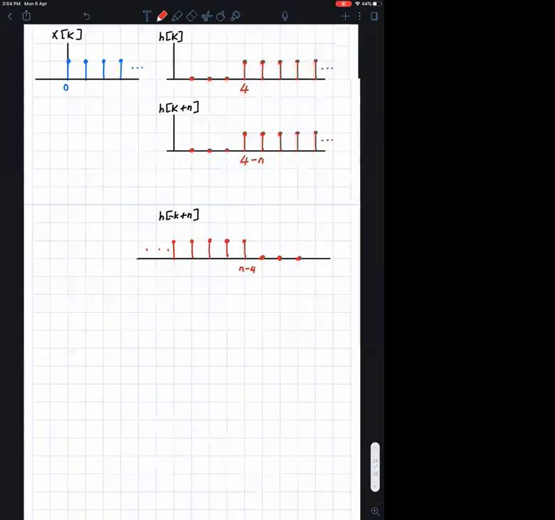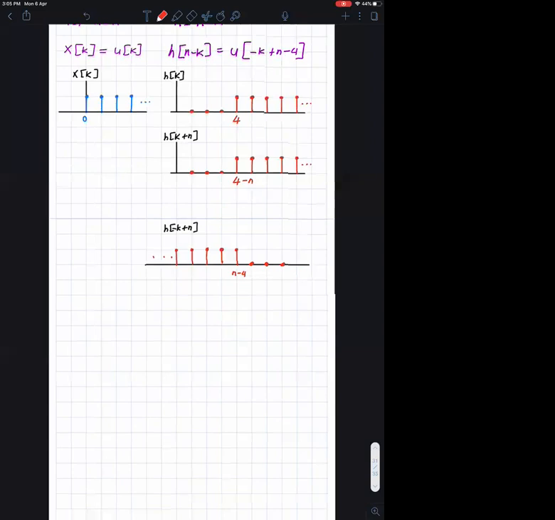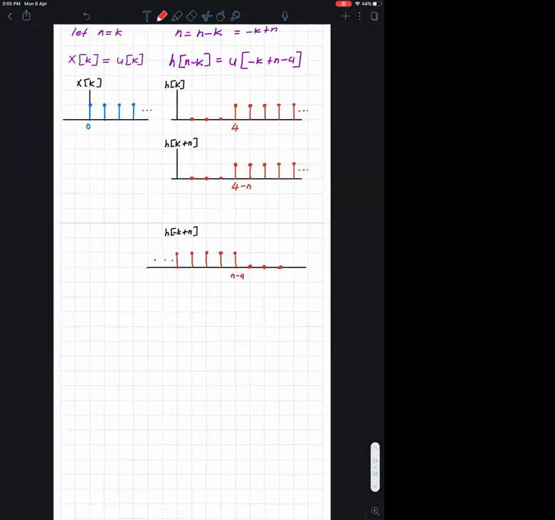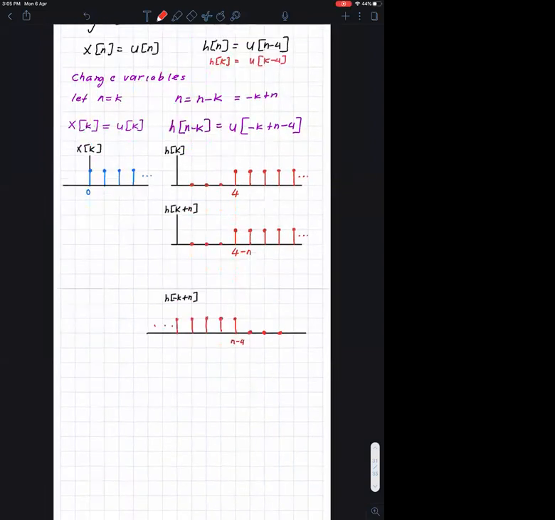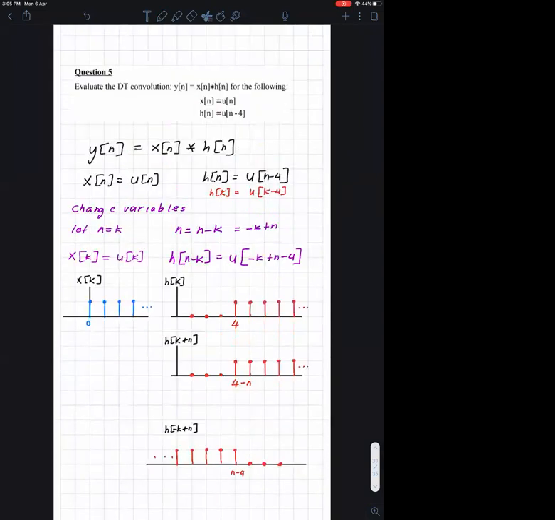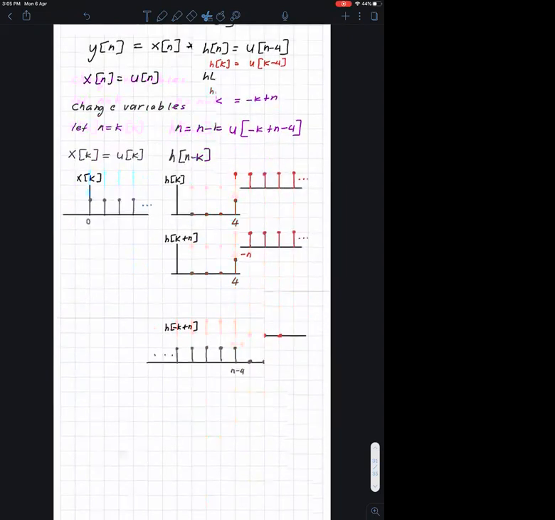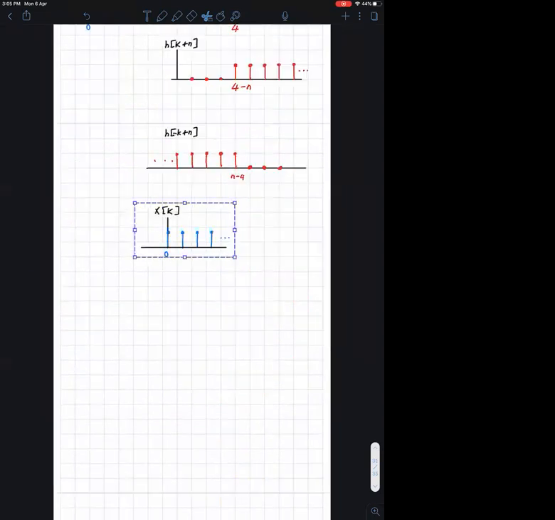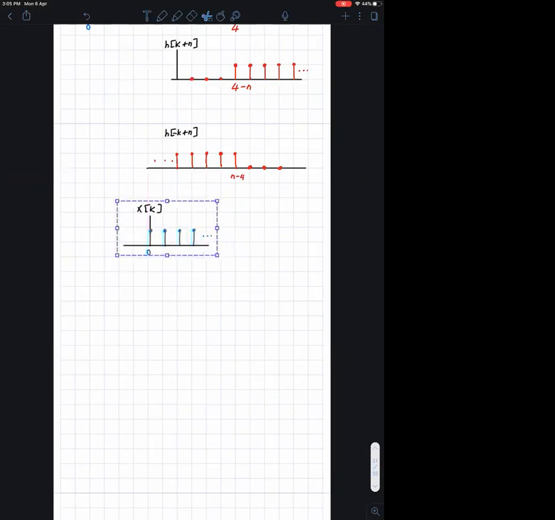And now what are you going to do? We're going to slide. This is the one signal that you have sketched earlier. Bring it over here, put it somewhere here.